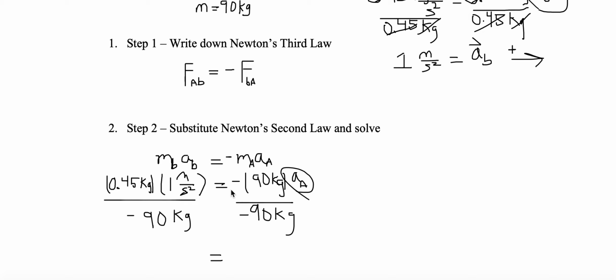Notice our negative sign and our 90 and kilograms all go out, so we're just going to cross them all out. And we're left with the acceleration of the astronaut on the right-hand side. And since it's a vector, I'll give it the little vector symbol. Now we're going to drop off the kilograms, and we're left with meters per second squared.